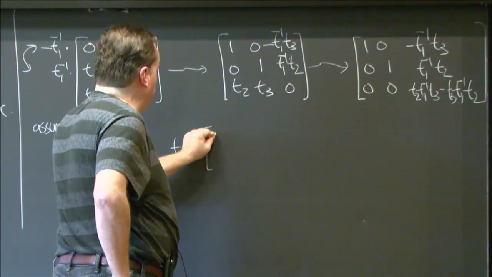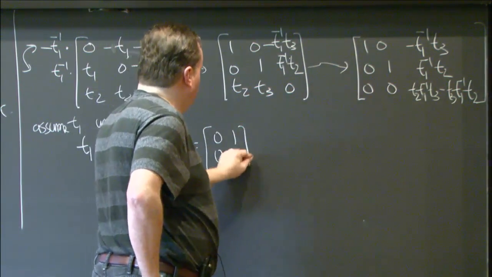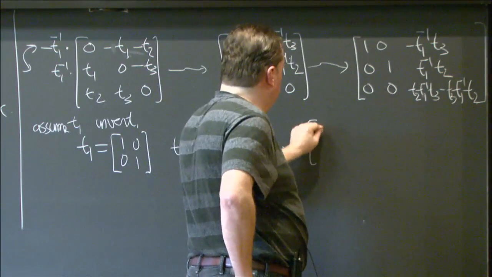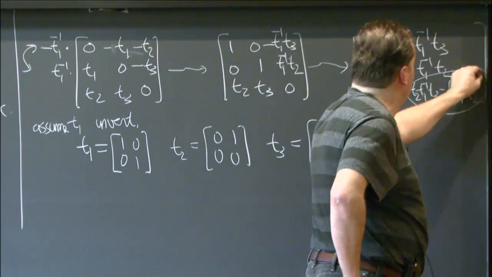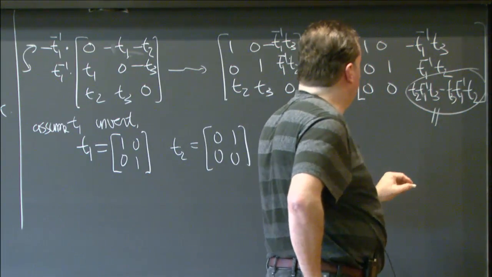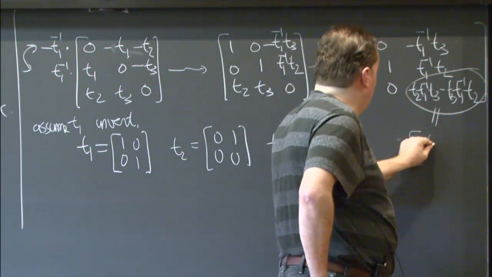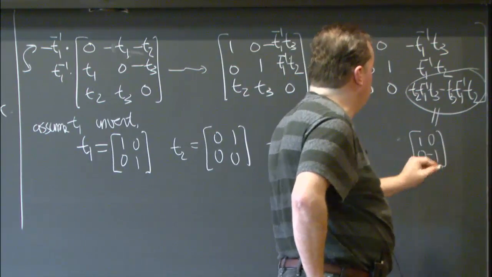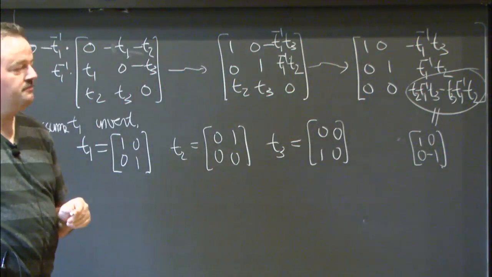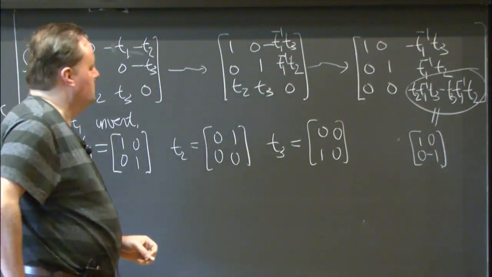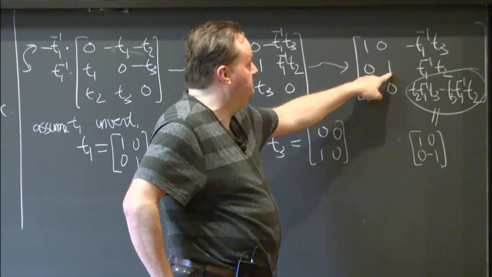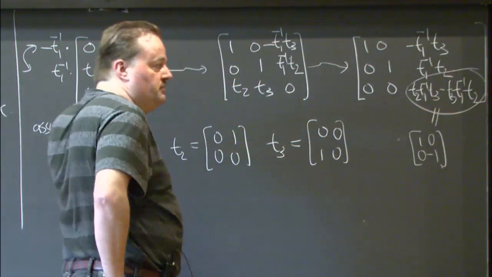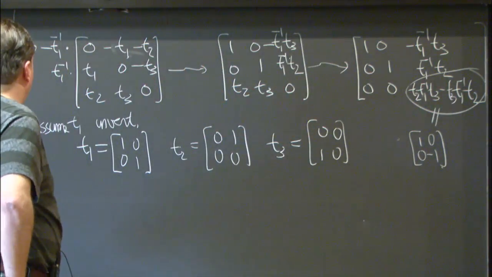So if you take T2 to be this matrix, and T3 to be this matrix, then this entry here is equal to, if I didn't make any mistakes, this matrix. So it's invertible. Right. So if you make these substitutions, this will become a 2 by 2 identity matrix, etc. So now we have a 6 by 6 invertible matrix.